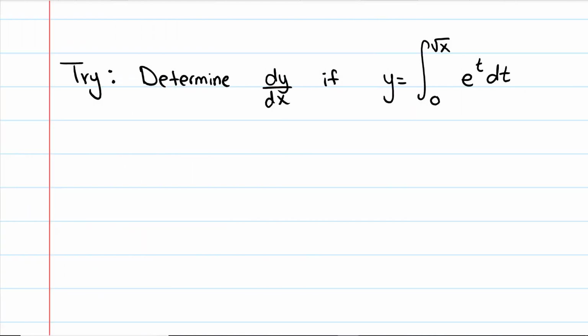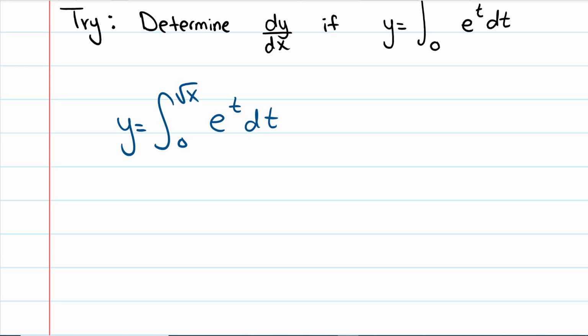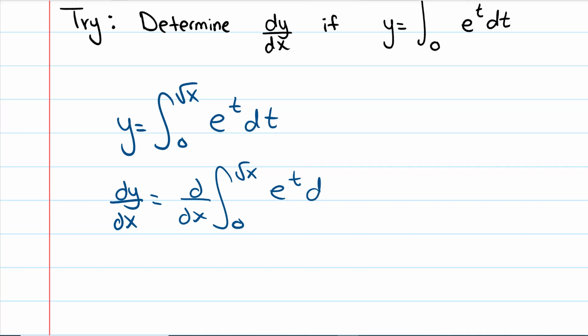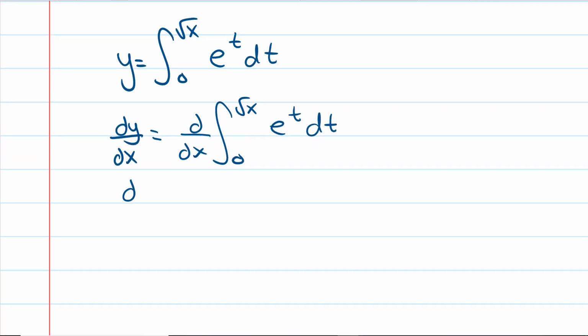So here we go. y is equal to the integral from 0 to square root of x of e to the power of t dt. Using the fundamental theorem of calculus, I'm going to take the derivative, and I get dy/dx is equal to d/dx of the integral from 0 to square root of x of e to the power of t dt. dy/dx is equal to e to the square root of x times the derivative of the square root of x.